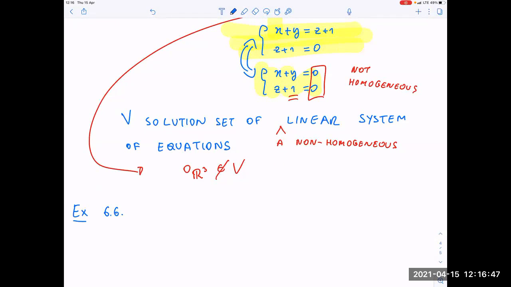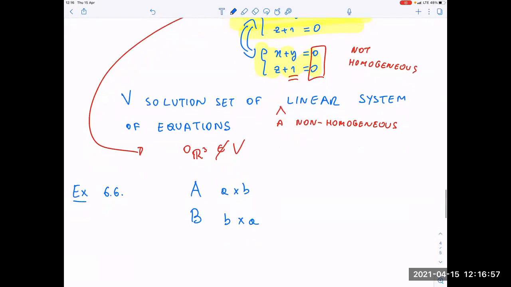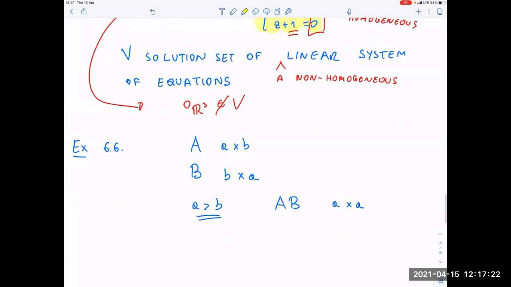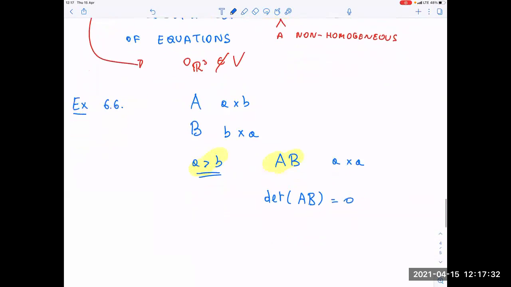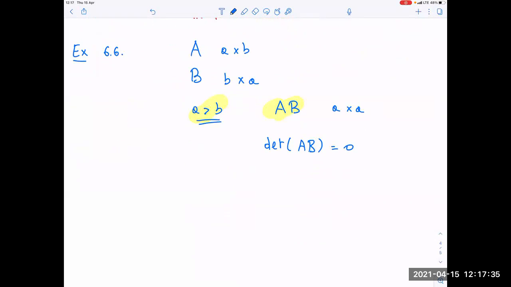It says that if you have a matrix A, which is A times B, then you have a matrix B, which is B times A. And if A is larger than B, then the product A times B, which is an A times A matrix, has the property that its determinant is 0. Let's see in a couple of examples what this means.